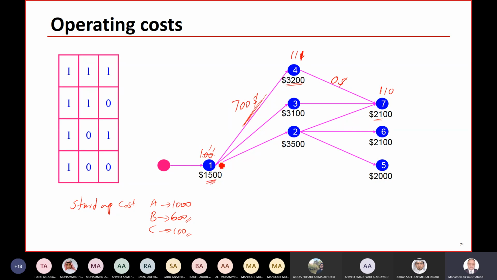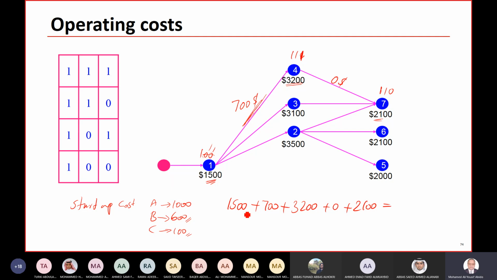So the total cost for this path, for this solution, is 1,500 operating plus 700 startup plus 3,200 operating plus 0 startup plus 2,100 operating cost.